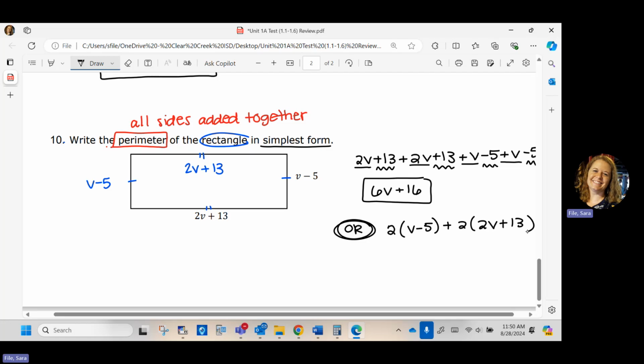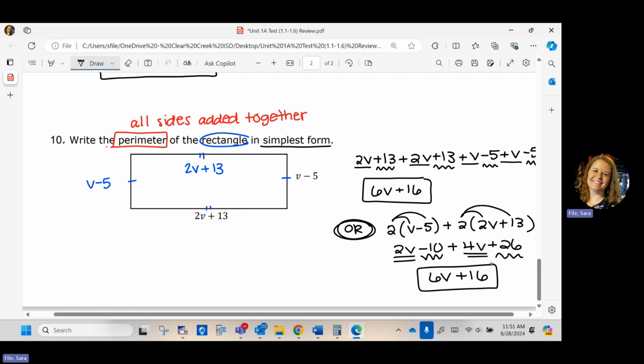So you could have set it up this way and done your distribution and gotten 2V minus 10 plus 4V plus 26. And then if you combine those like terms, you can get the same answer. You get the same thing either way that you set that up.